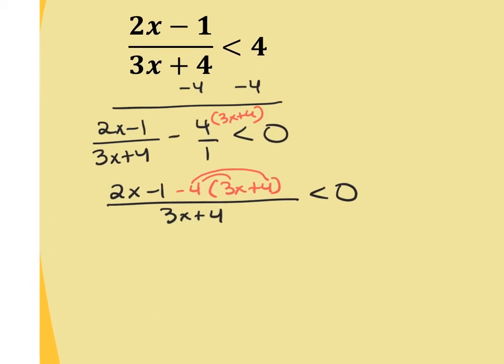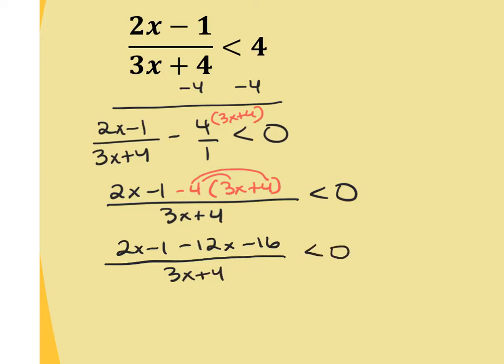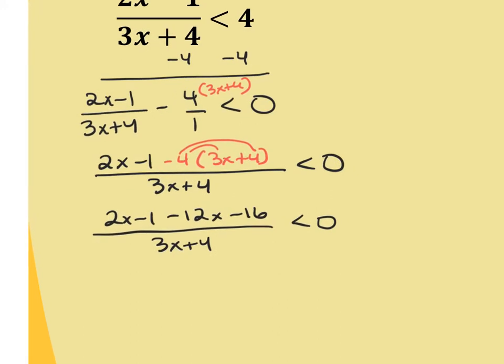So the 2x minus 1 is good. Negative 12x minus 16. I need to add my like terms in the numerator. So 2 minus 12 is -10. And -1 minus 16 is -17.